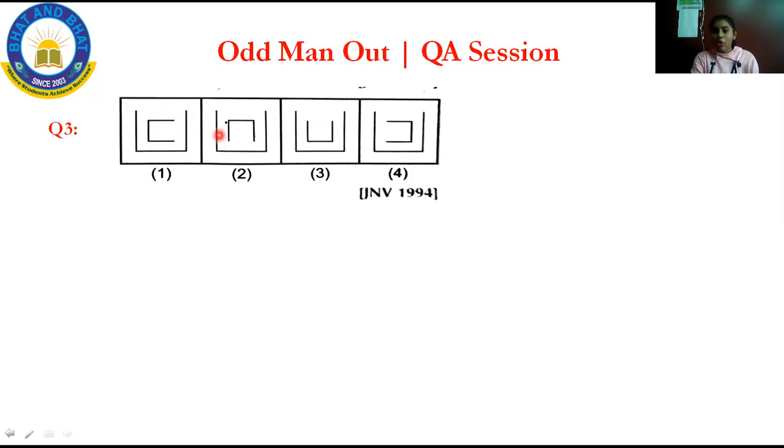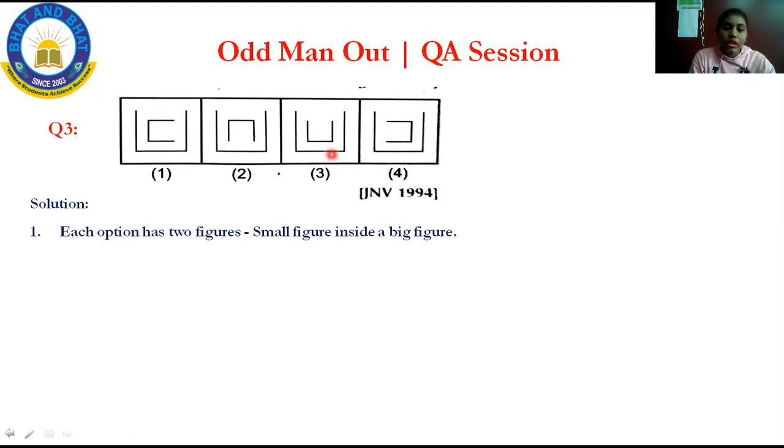In all the figures, there are two designs. Let me explain this. In each figure, there are two figures, a small figure inside and a big one outside. This is the inner figure and this is the outer figure. Now we'll analyse from option 1.